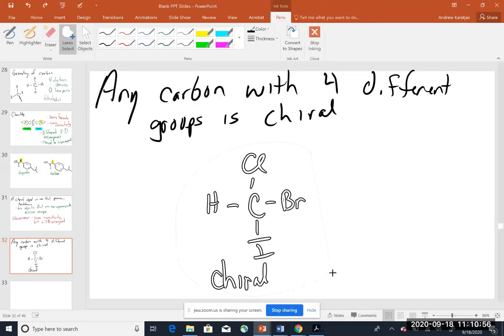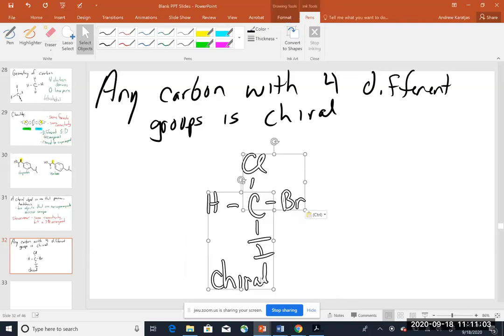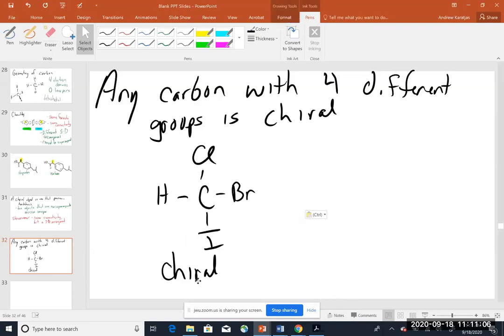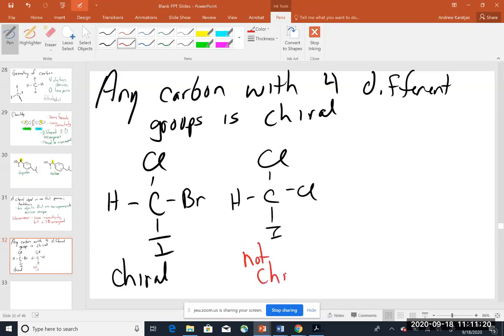But as soon as 2 of those groups become the same, it's no longer chiral. Now, when we say the same, that means they have to be exactly 100% the same.